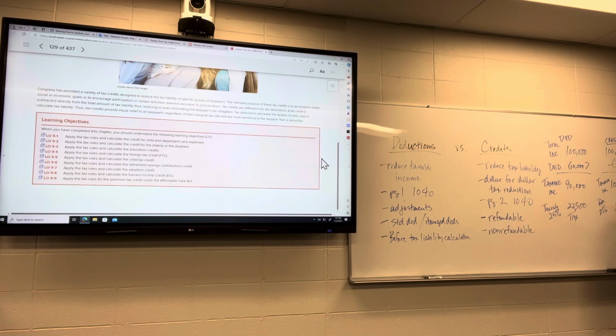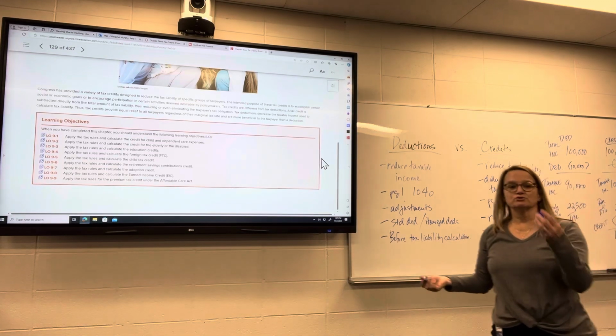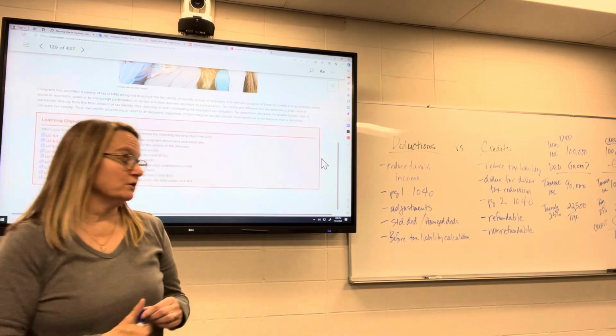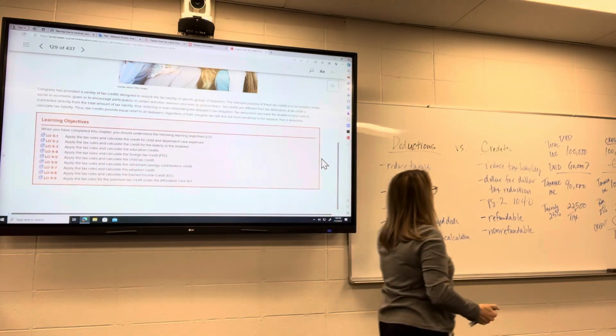So our tax is $25,000, but we get a $10,000 credit instead. Tax is $15,000. So just a really rough example of the difference there between a deduction and a credit.